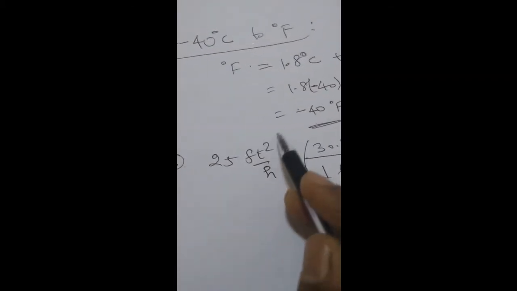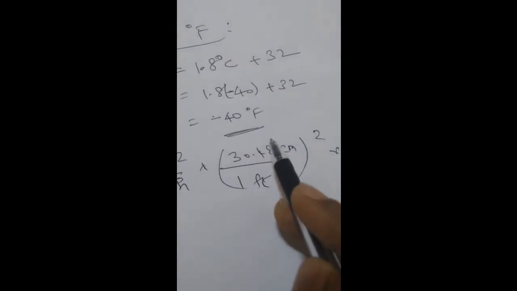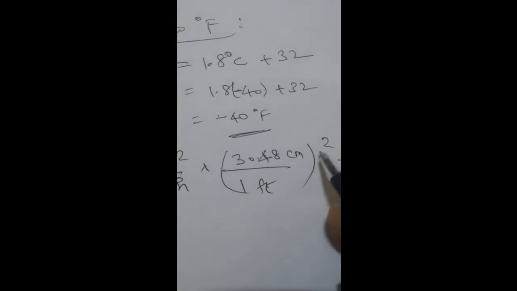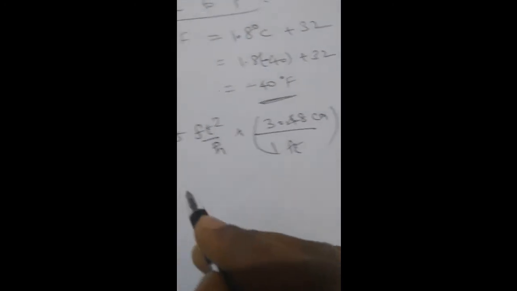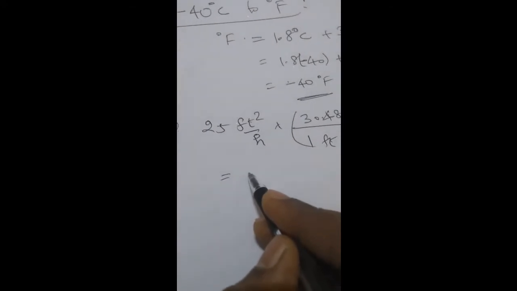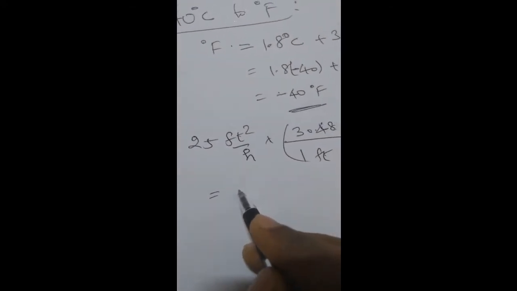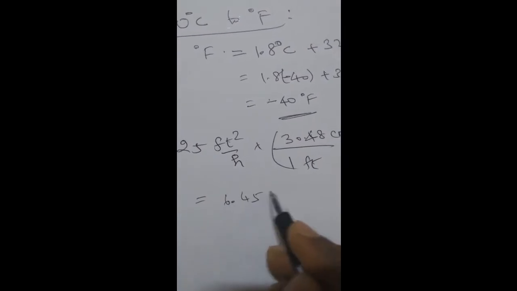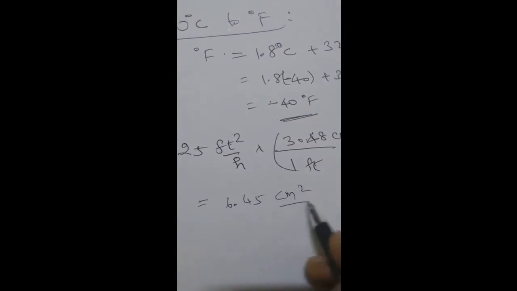Repeating, 25 feet square per hour, 1 foot is equal to 30.48 centimeters whole square, into 1 hour per 3600 seconds, which is equal to 6.45 centimeter square per second.